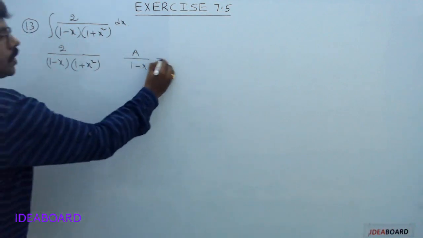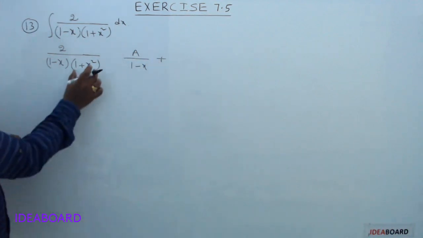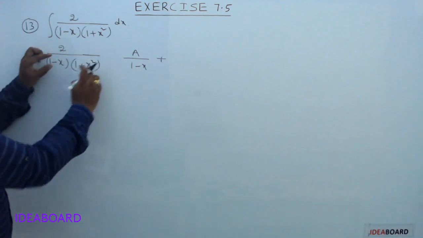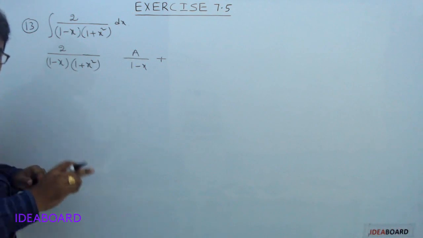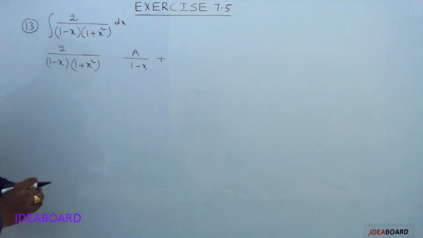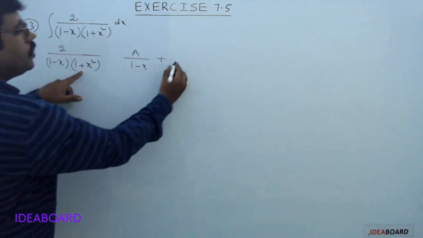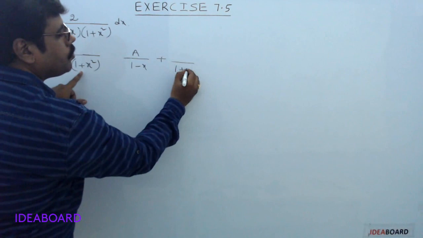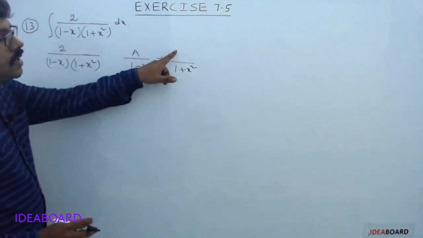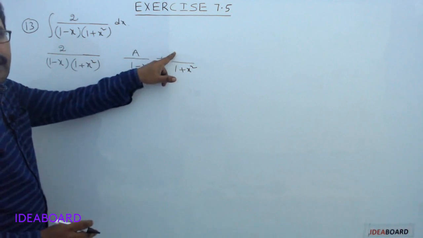Plus, now take this 1 plus x square. This is an irreducible quadratic factor, in particular a non-repeated irreducible quadratic factor. So, corresponding to every non-repeated irreducible quadratic factor, there exists a linear factor in its numerator.